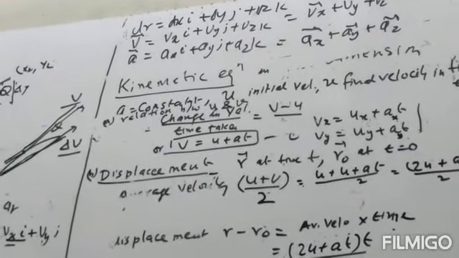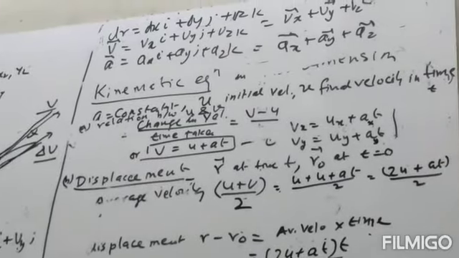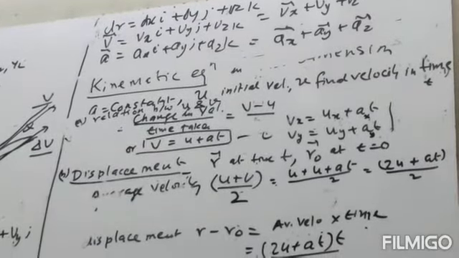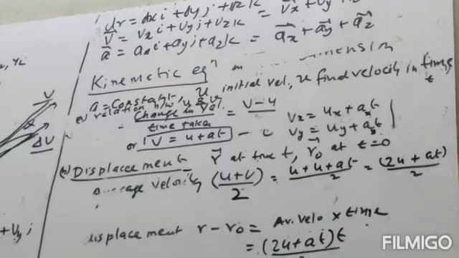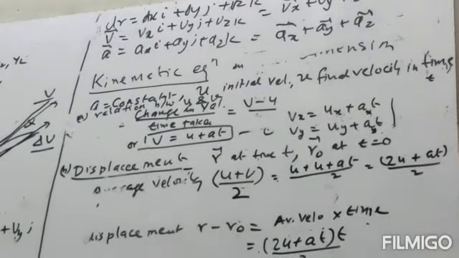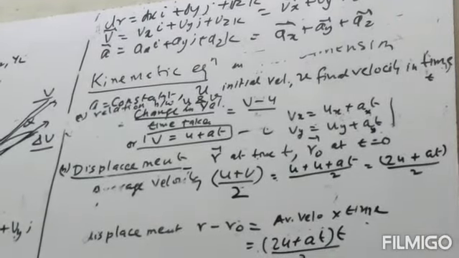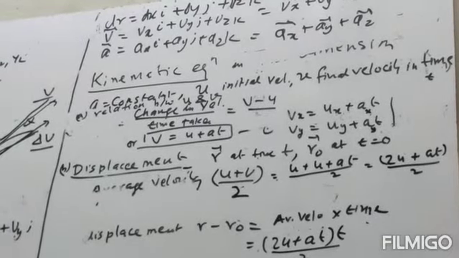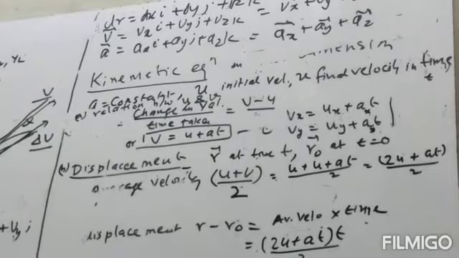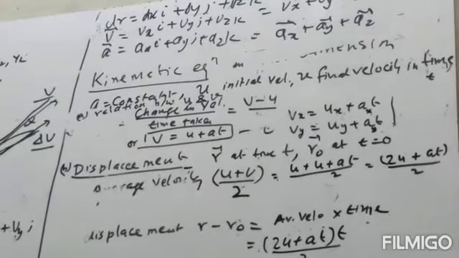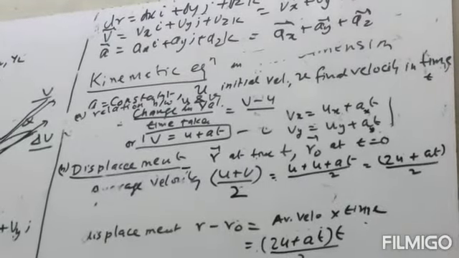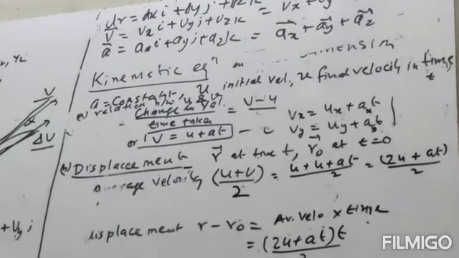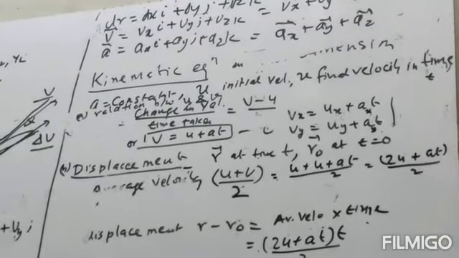So now we will use the kinematic equations. Kinematic equations are the equations which relate the initial velocity, final velocity, acceleration, time and displacement. So that is known as the kinematic equations. We have earlier done the kinematic equations for one dimension.